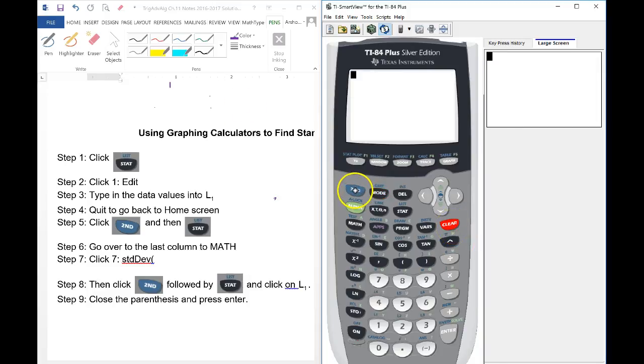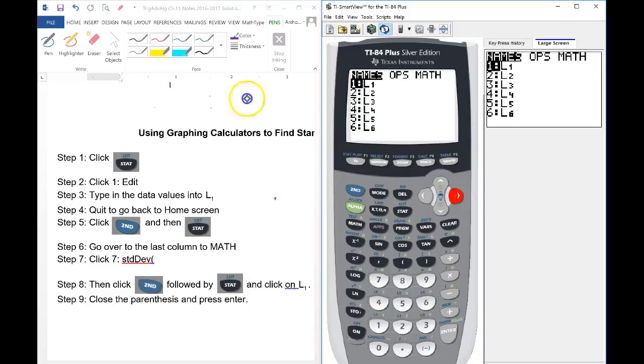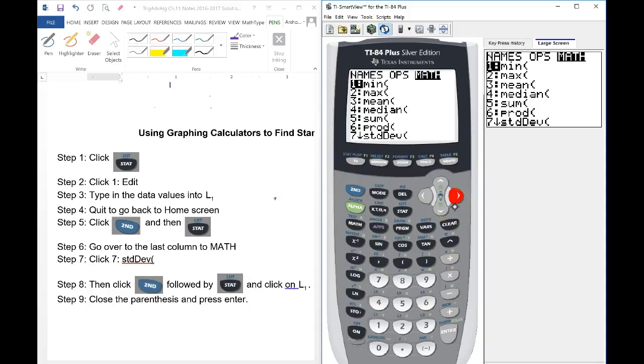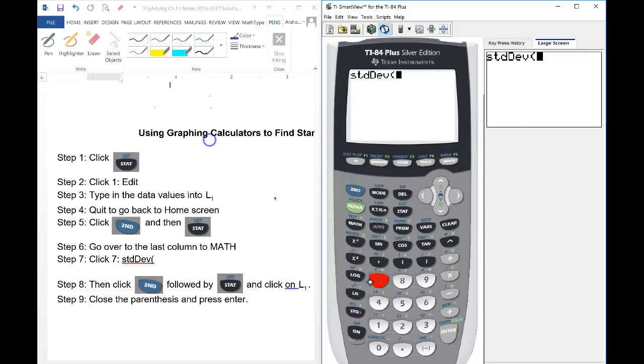Now, this time we're going to do second stats. Okay? And we're going to go over to the last column and click math. Now, what do we need to find? We want to find the standard deviation, right? So you click 7, which is standard deviation. And now it asks, you want the standard deviation of what? Well, I want the standard deviation of L1.